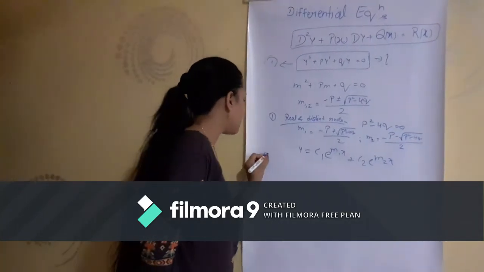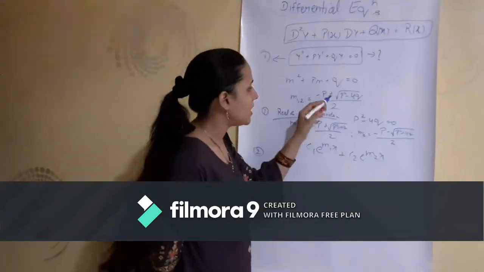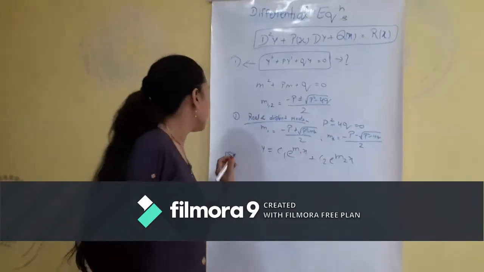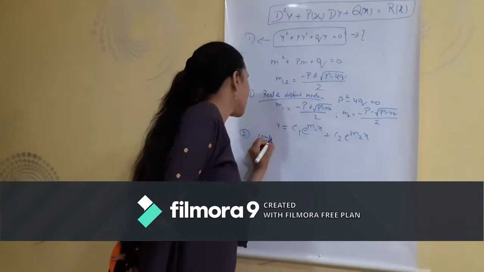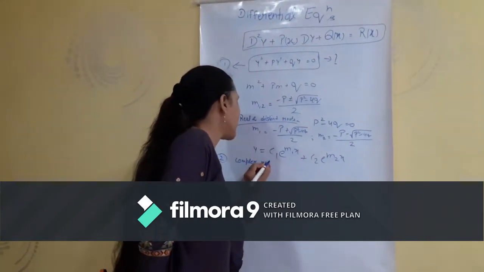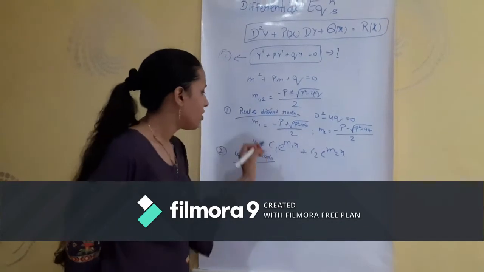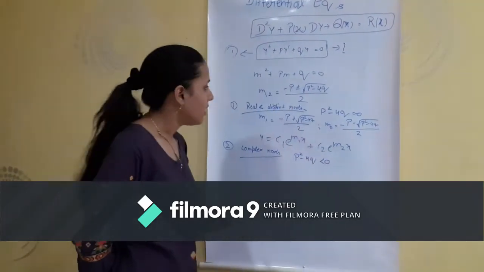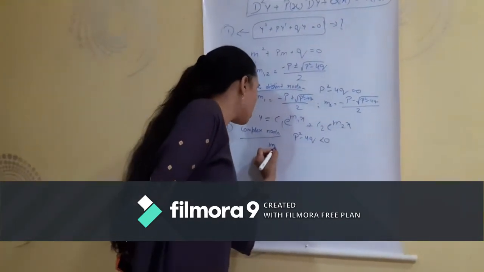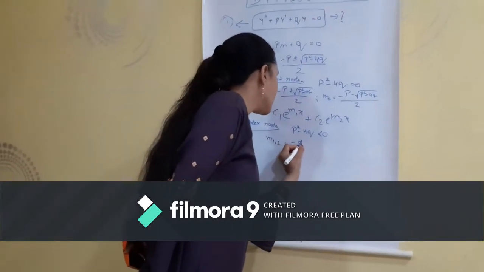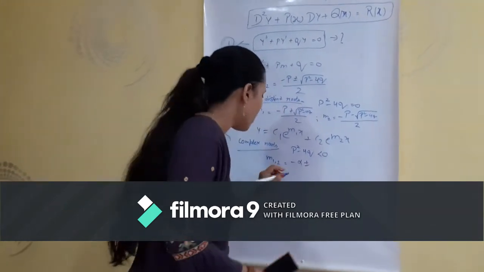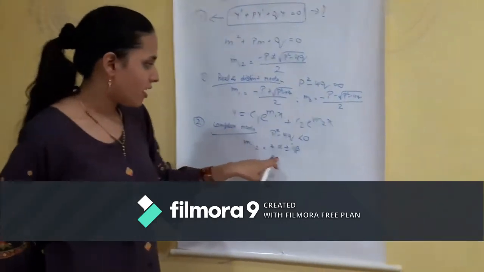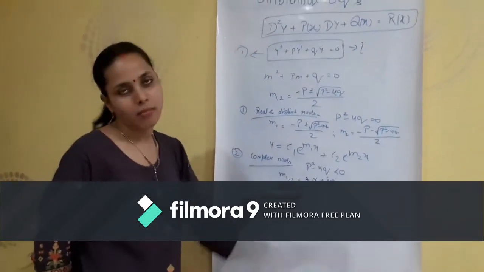And further we have the second case. What happens if p^2 - 4q is less than 0? Then complex numbers appear, so we have complex roots. The second case is complex roots, for which p^2 - 4q < 0. In that case we will have roots m1 and m2 of the type alpha ± i beta, where m1 is alpha + i beta and m2 is alpha - i beta.